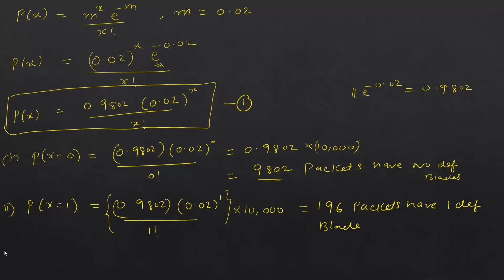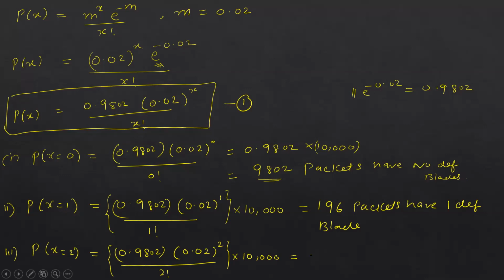So quickly, can you answer me the third question? What is the third question? No defective, one defective, and two defective, right? So what is probability of x is equal to 2? 0.9802 into 0.02 power 2 divided by 2 factorial, and this whole part should be multiplied with 10,000 because you are finding this out of 10,000 packets.